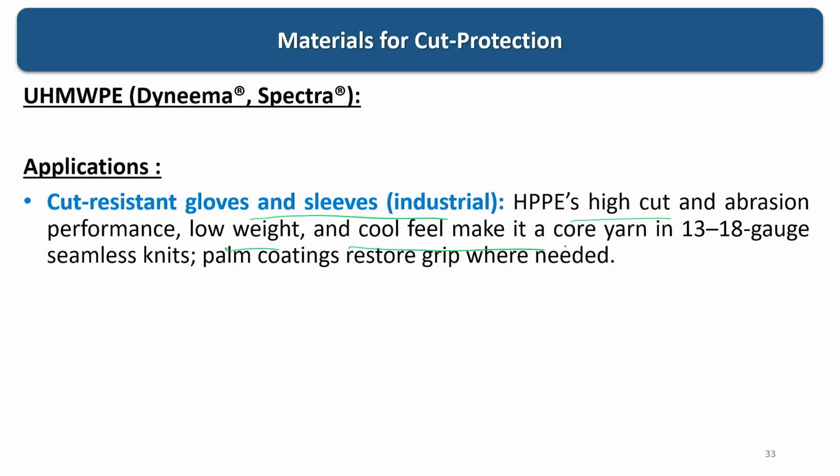It makes a core yarn of 13 to 18 gauge for seamless knitting, and palm coating restores the grip needed. So, at the palm we should have coating to improve the grip.